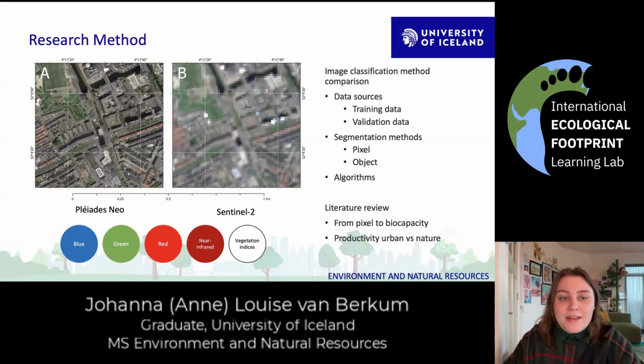And in these satellites, there were 4 main wavelengths that I used to do the analysis. So they were the blue, green, and red visible light, and the near infrared. And the near infrared is really important because it helps us distinguish vegetation. So if you're looking, for example, at an artificial grass field from space, it looks green.